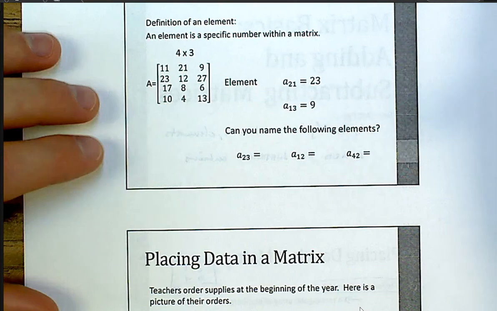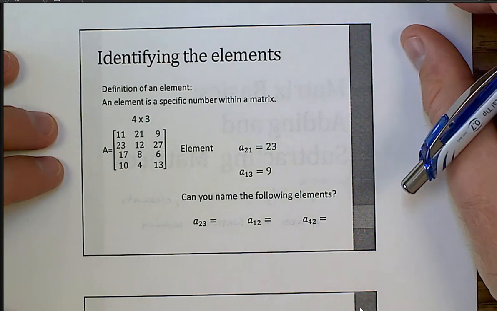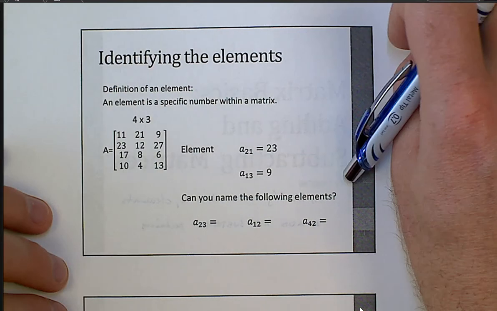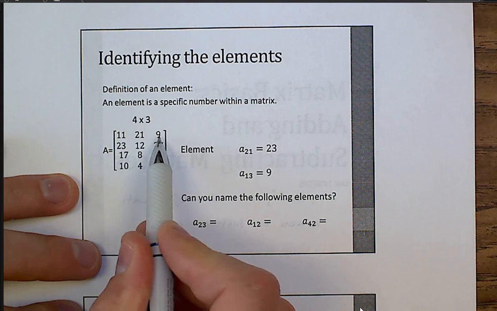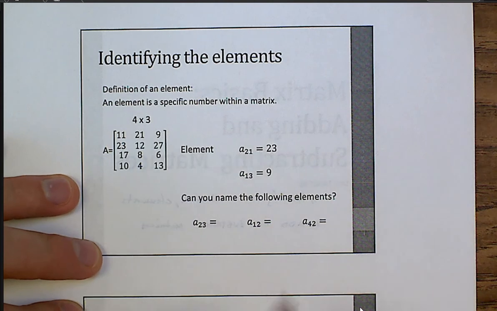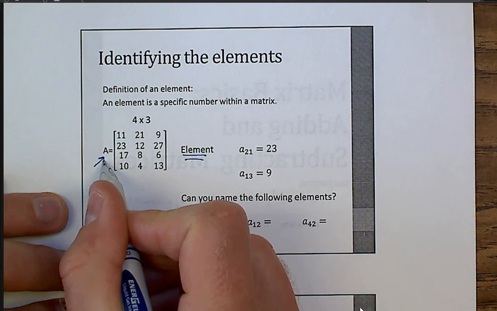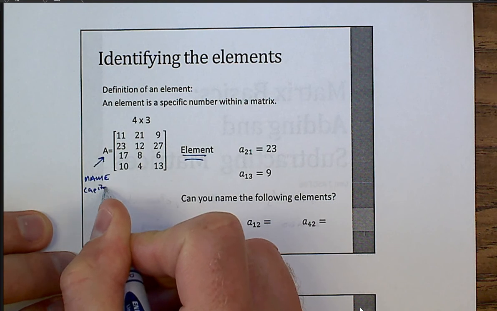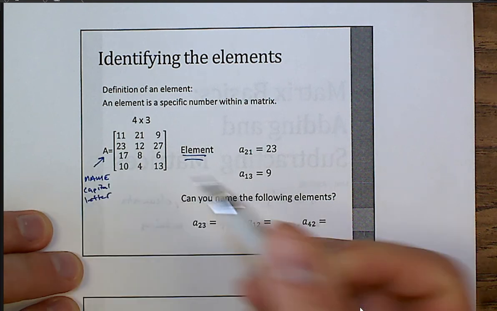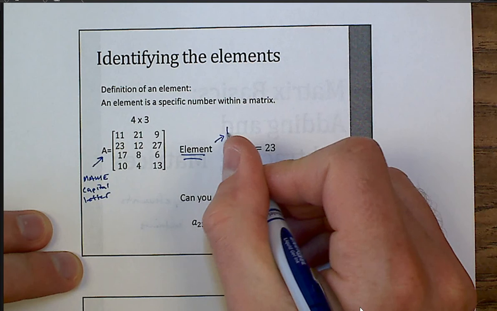Once we know what a matrix looks like, we want to be able to identify certain elements. Each one of these numbers, like 11, 21, 9, and etc., each one is considered an element within the matrix. Now, the way you name a matrix is with a capital letter. Okay? And when you talk about an element, you use a lowercase letter.